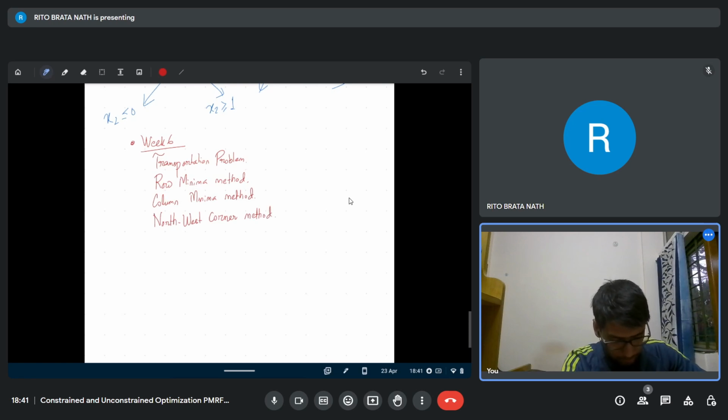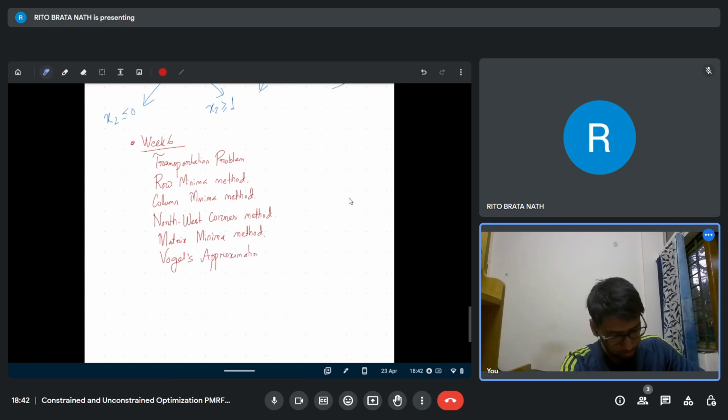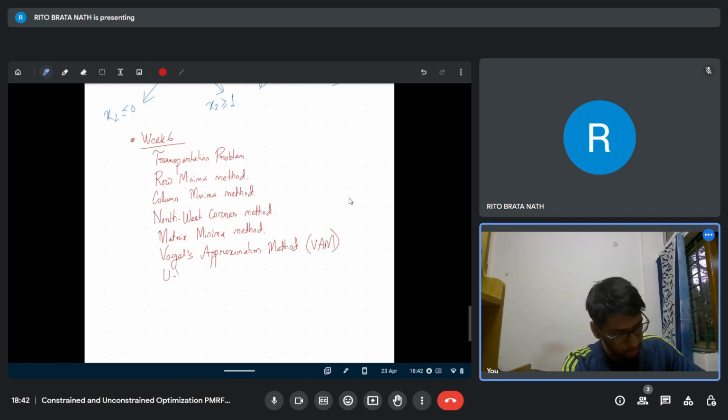And then you had matrix minimum method. Right. And then you had this VAM method, or Vogel's approximation method. You also had UV method.